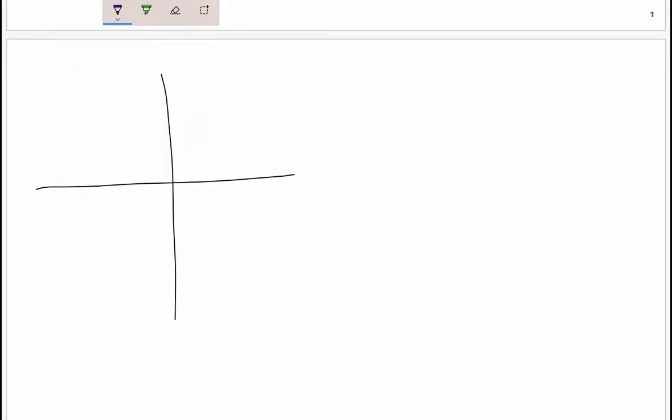We might have a function that looks like this, where there's just a hole in the graph. Something that happens like this is what we call a removable discontinuity. It's removable because there's just a hole in the graph. Think of it this way: you could plug that hole.